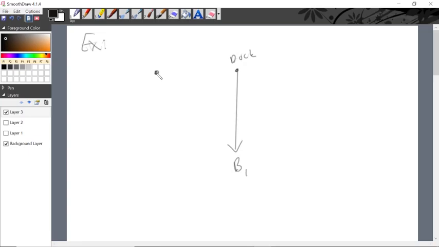It was traveling east, and it reached the dock at 3 p.m. Something like that. So this is sort of the trajectory for boat 2. Okay, so B2.